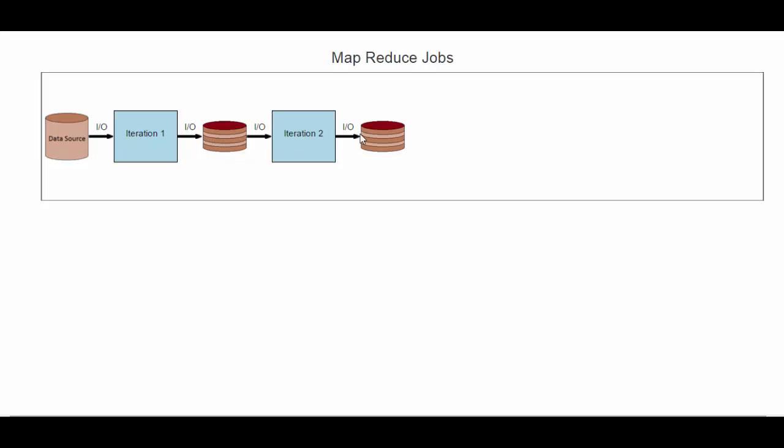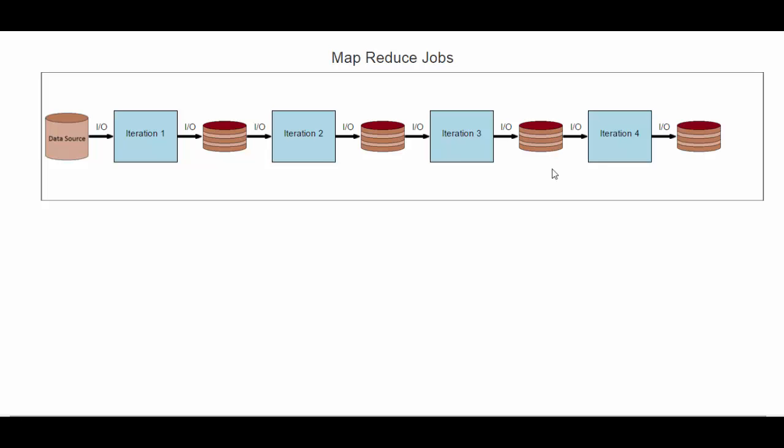All of the intermediate steps rely on IO to ingest and digest the data, and obviously this is big data, so it takes a lot of time to perform those IOs, because over a period of time disk speeds have not caught up with the rest of the computing speed.